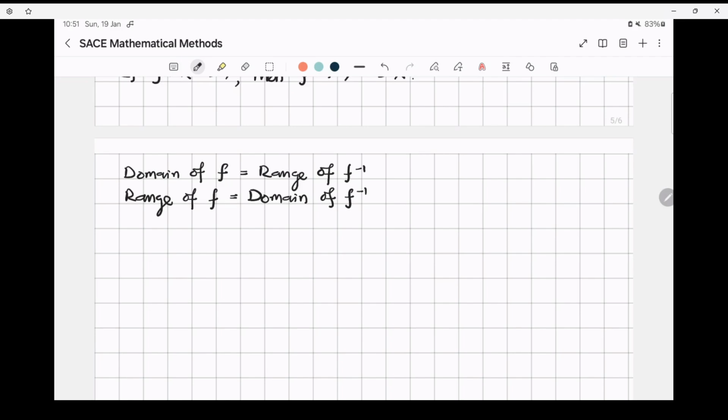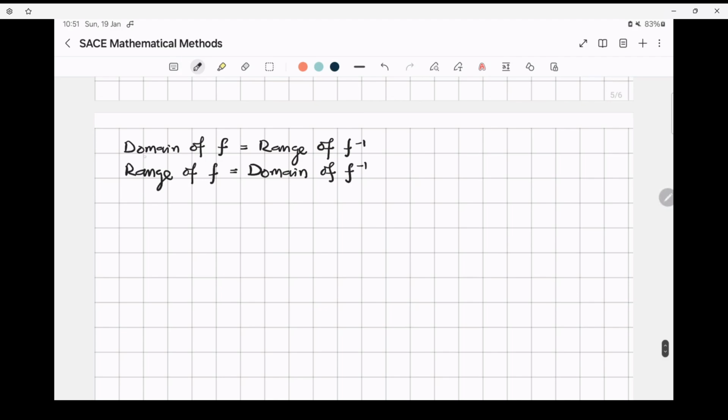So this is a very important fact. Second thing is that your function f needs to be 1-to-1, so that the inverse can be defined.